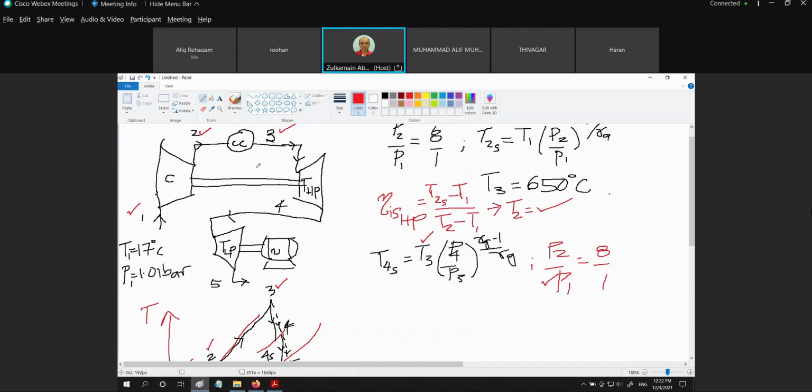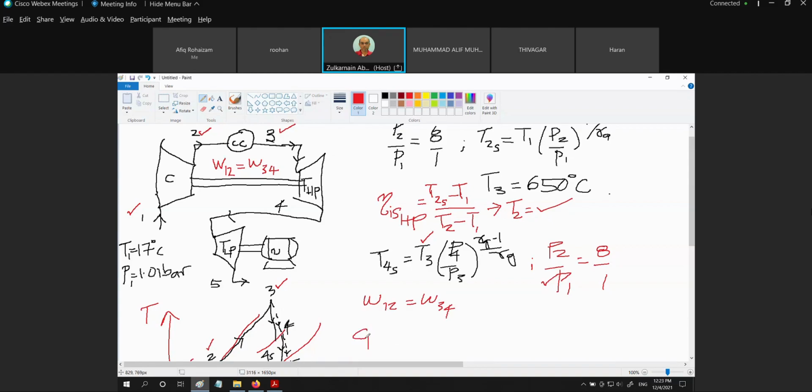So what are we going to do? We are going to use the relationship between the turbine high pressure work and the compressor work, whereby from this shaft, we are getting W12 equal to W34. You see? What is W12?